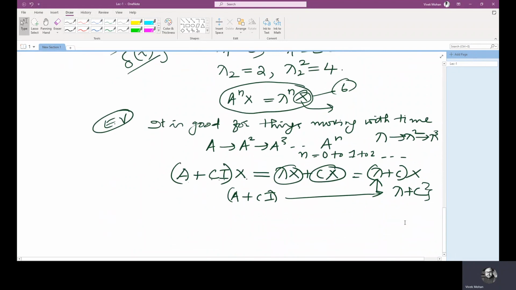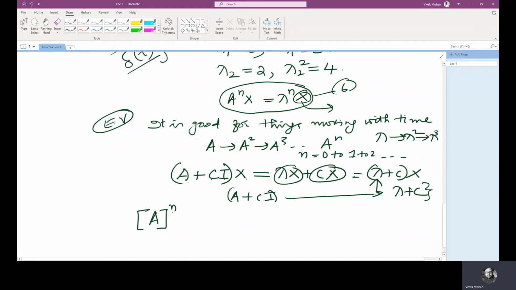So for changes in the system, we are able to find the eigenvalue and eigenvector easily by some properties. So shifting A by multiples of identity, the eigenvalues will go up by C. Okay, so one matrix A taking powers in the sense raised to n equal to 0, 1, 2, etc.